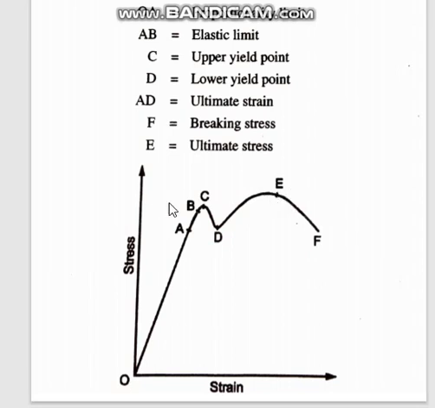That means ultimate stress or ultimate load, it will show here. And further, if you increase, it will break, and that is called breaking stress, F. So this region 0 to B is called the elastic region, and B to F is called the plastic region. This much you should keep in mind about ductile materials.